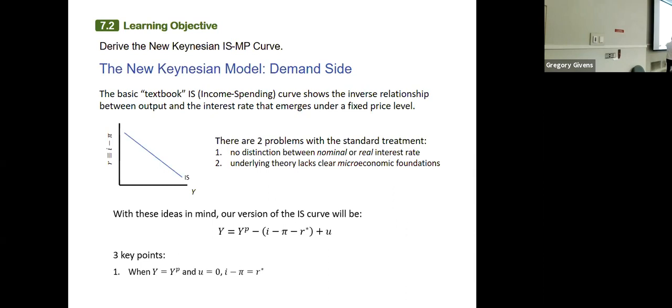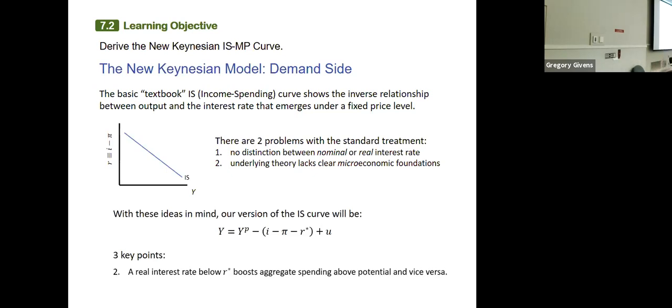When output is equal to potential output, and there are no demand shocks, so U is 0, the real interest rate, that is the nominal rate minus inflation, should be equal to the equilibrium real interest rate. So the IS equation is theoretically consistent in that way. Real interest rates will equal R star when output is equal to potential. That is, the stance of monetary policy is neutral.